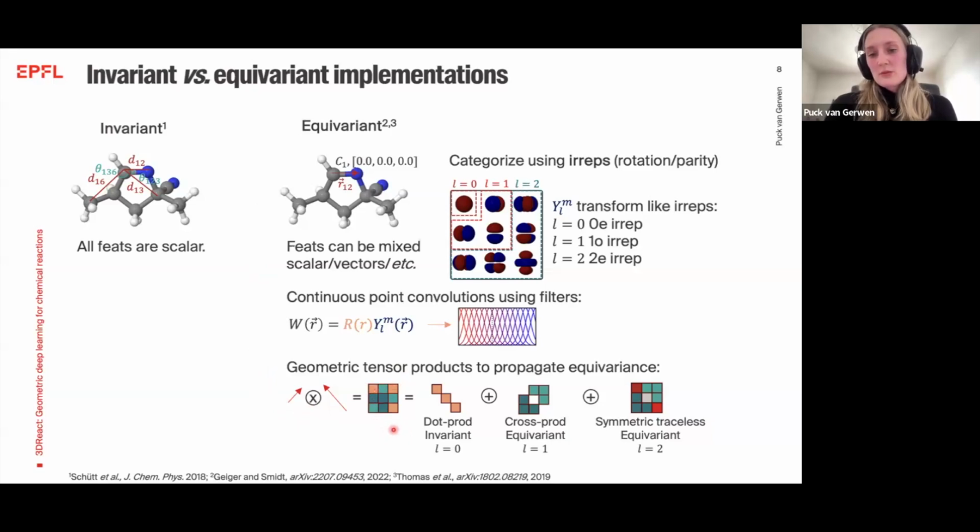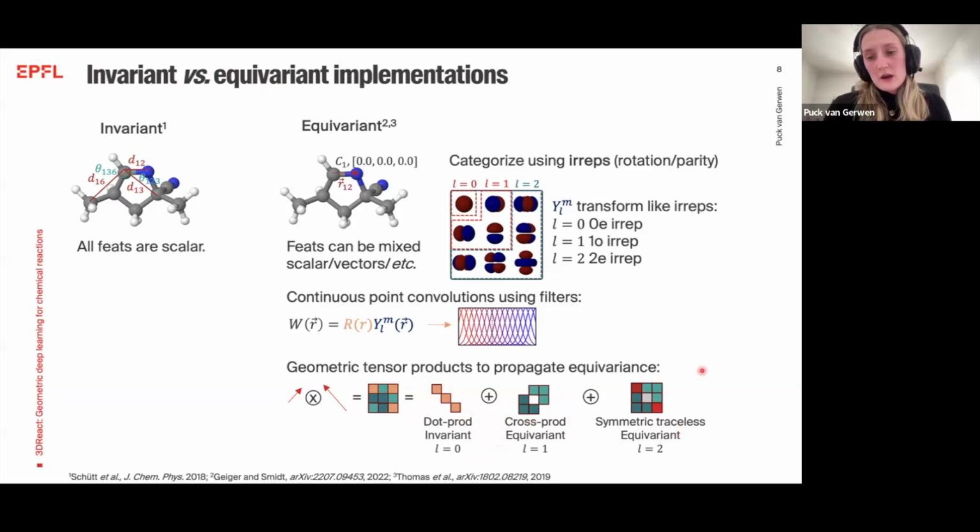And this naturally decomposes into 3 components. So the first component is a scalar quantity, which comes from the trace of the matrix. And this describes these invariant or L equals 0 terms. And then you have the antisymmetric components, which actually correspond to the cross product. And these correspond to L equals 1 terms.